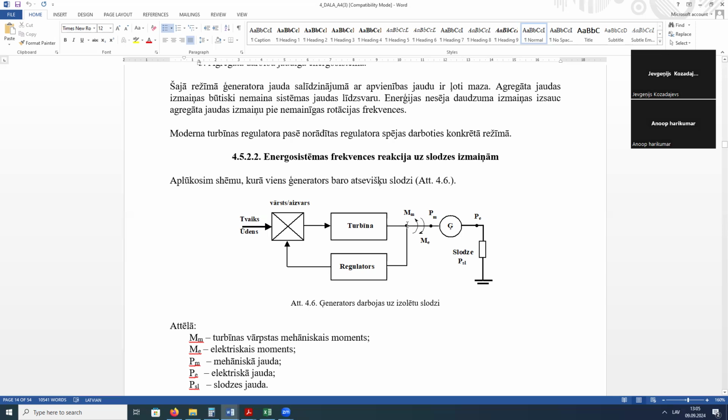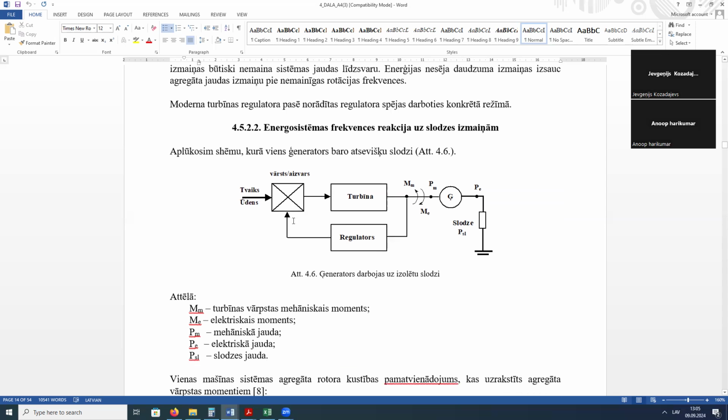So we have a turbine, for example, steam turbine or hydro turbine, this regulator of the rotating speed, this mechanical energy, this electrical moment of generator, and our load, and control of the valve to give more or less water or steam, based on the type of generator.